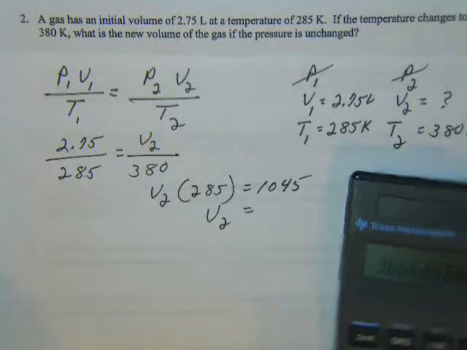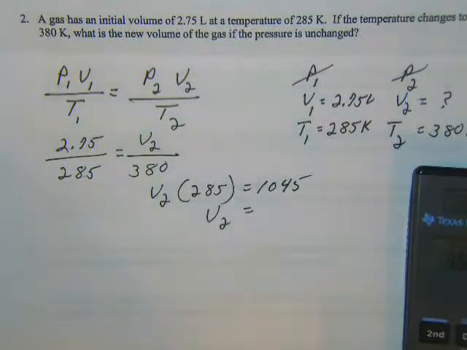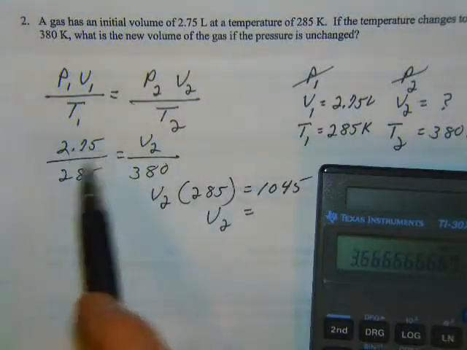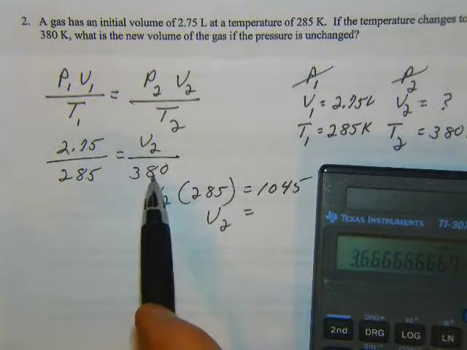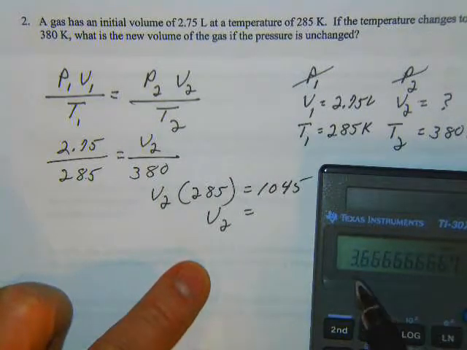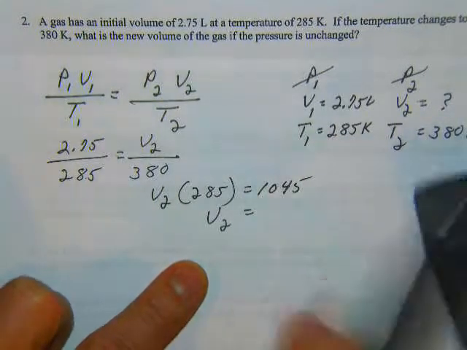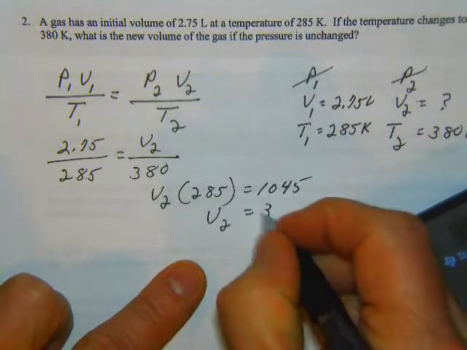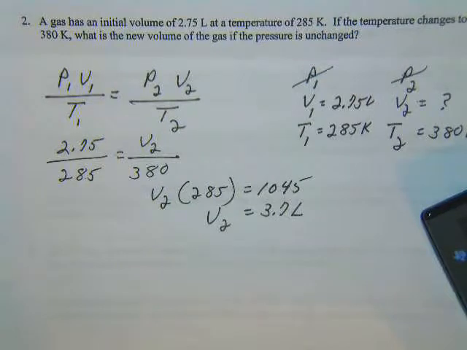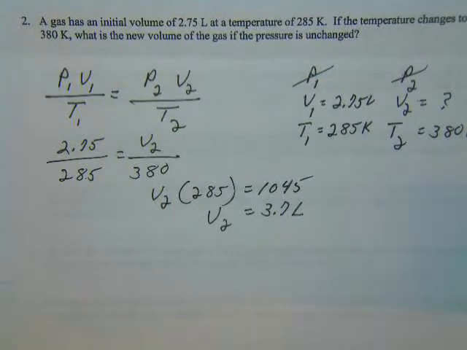We need to look at the number of sig figs here. We have 3, 3, and 2, so our answer can only have 2. We round to 3.7, and it's in liters. So it's 3.7 liters. Volume is in liters. So that is number 2.